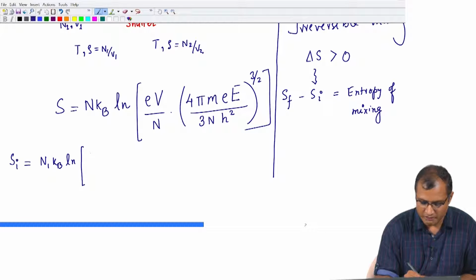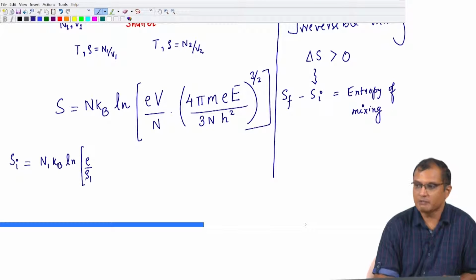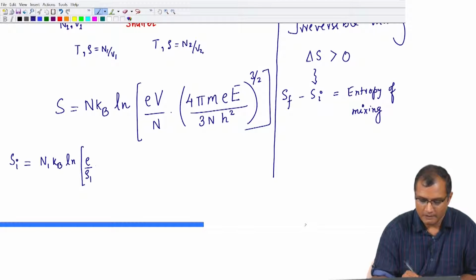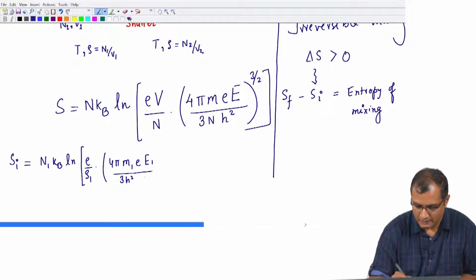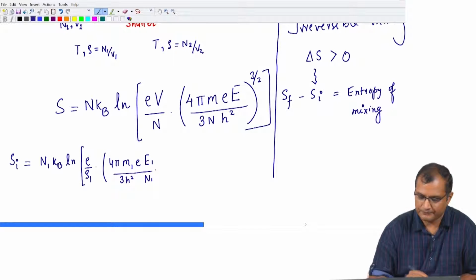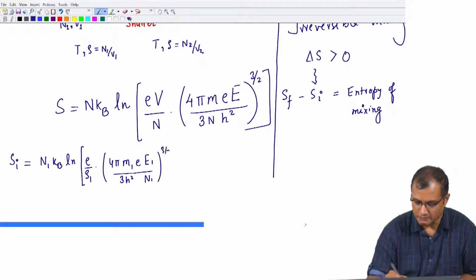I am going to write down e by rho 1, because N1 by V1 is rho 1, into 4 pi M1 E1 by 3 h square N1, to the power 3 by 2.